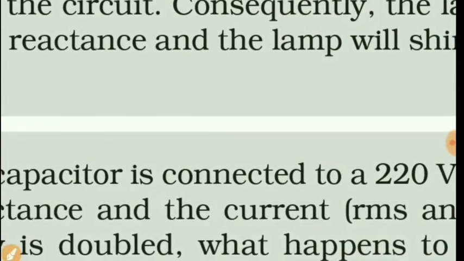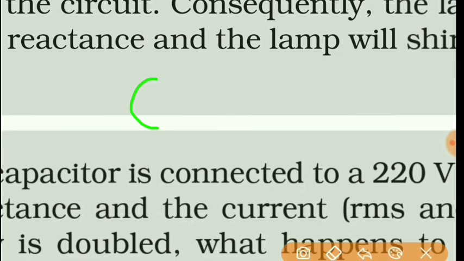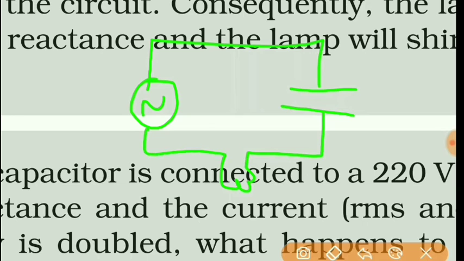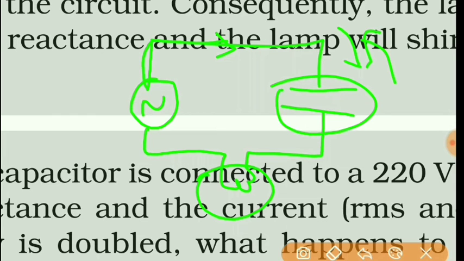But when AC is connected with a capacitor, and if this is a bulb, then what will happen? We know that AC means alternating current. So here the current will constantly flow in forward and backward direction, and the capacitor will charge and discharge continuously.